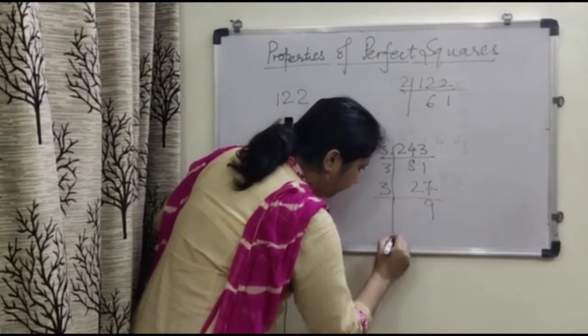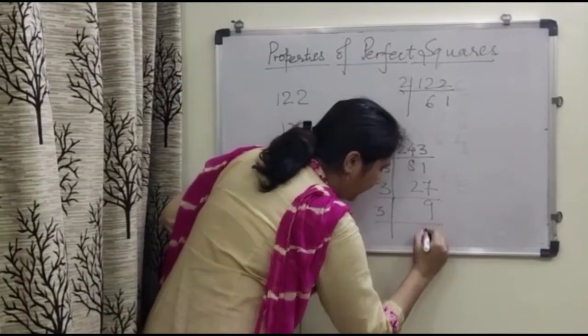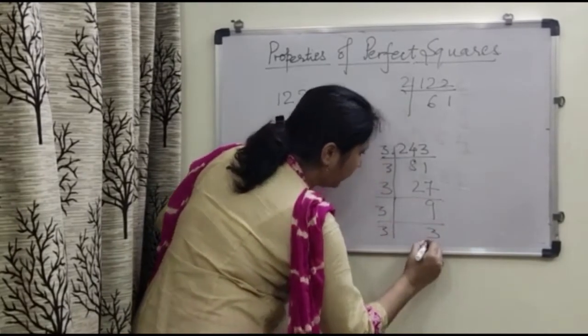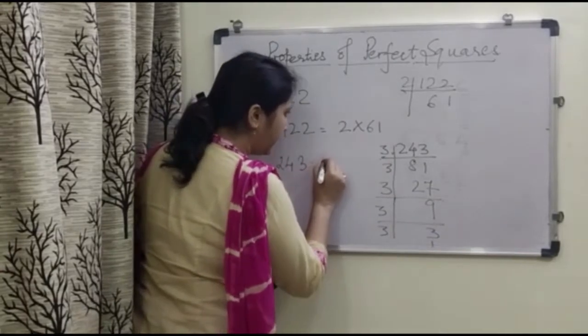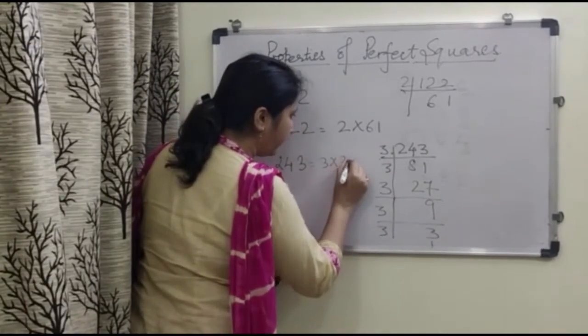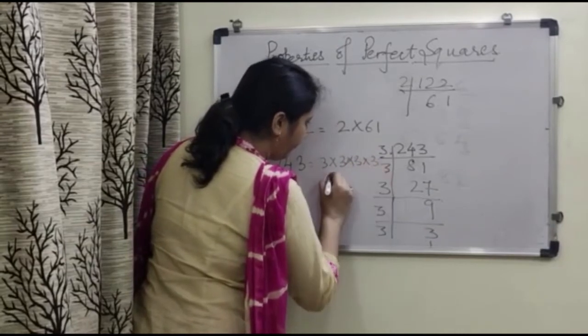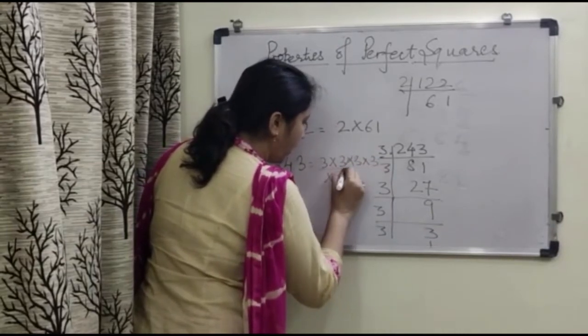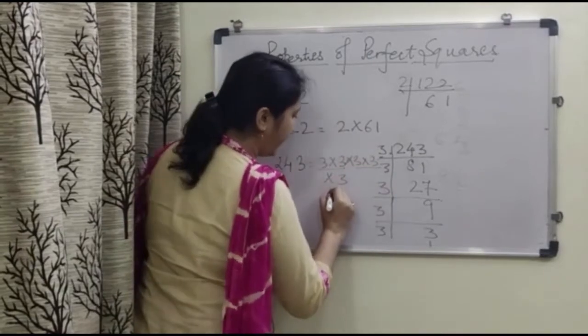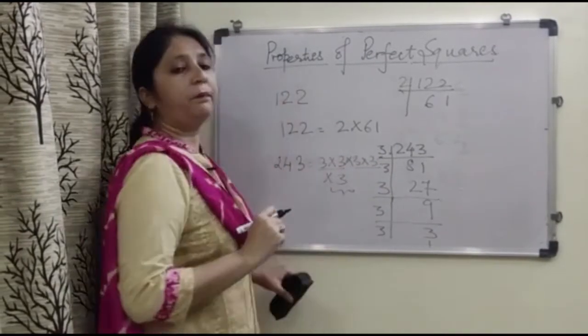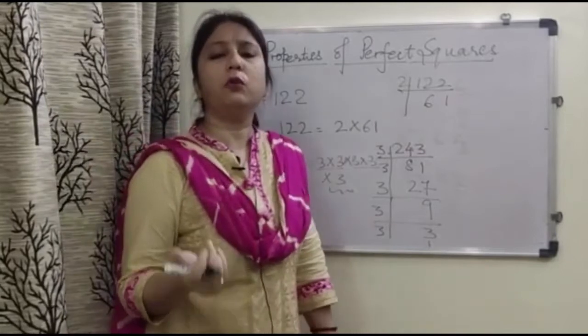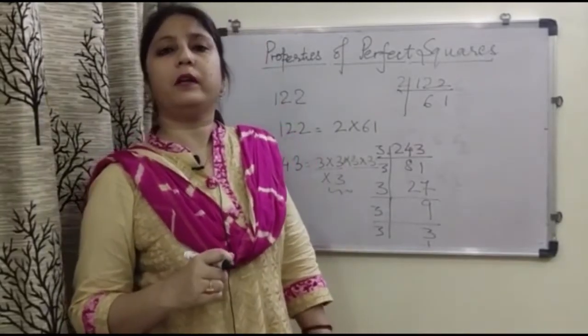Furthermore, by 3 it is 3, by 3 it is 1, and you express the number as the product of its prime factors. Children, after making pairs, you will find one 3 left unpaired. So it is also not a perfect square.